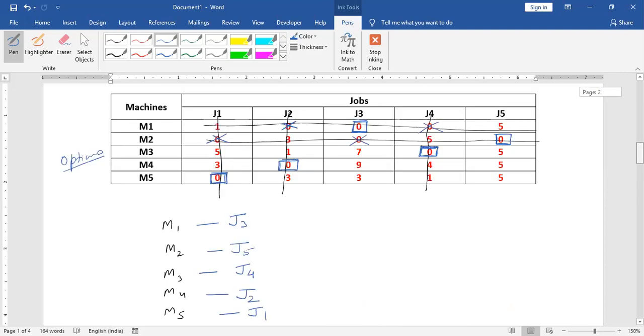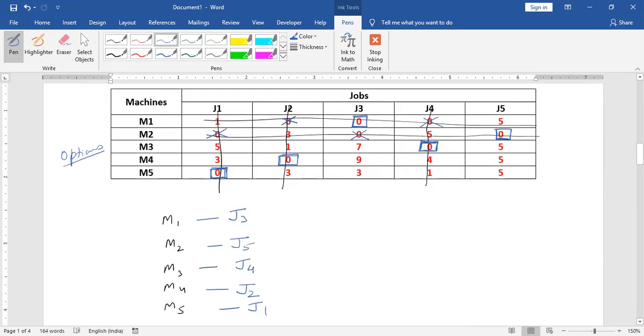So M1 gets J3, that means 5 minutes. M2 will get J5, that is 10 minutes. M3 gets J4, that is 1 minute, M4 gets J2, again 1 minute, and M5 gets J1, that is 8 minutes.